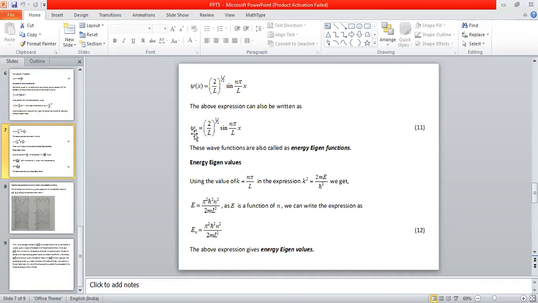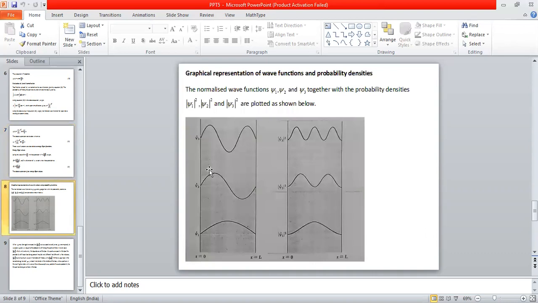So it is also possible to find two different graphs. One is the graph for the wave function, another one is the graph for modulus of psi square. Modulus of psi square is nothing but the probability density. These are some of the graphs showing the normalized wave functions psi1, psi2, psi3 together with their respective probability densities.